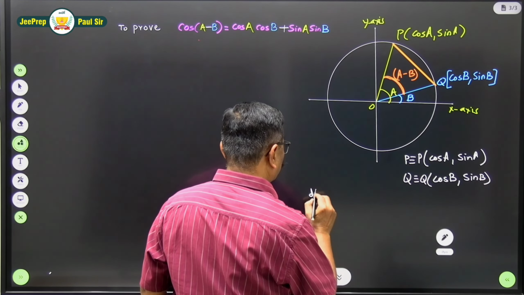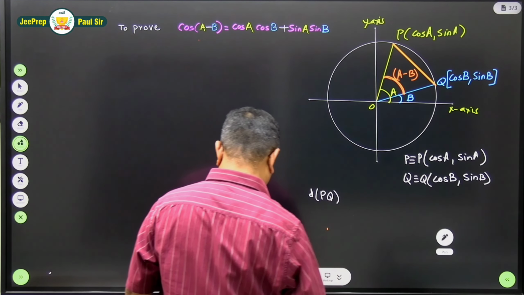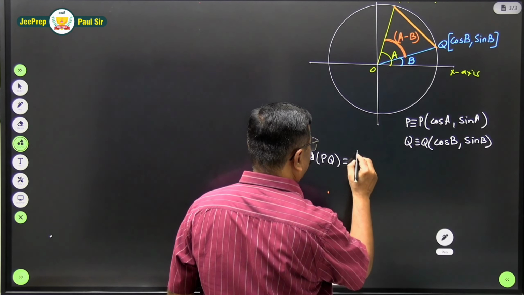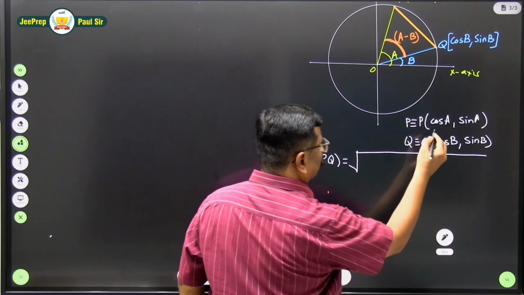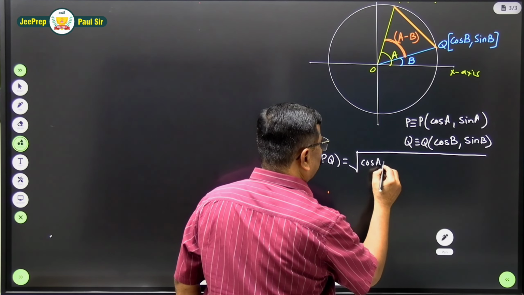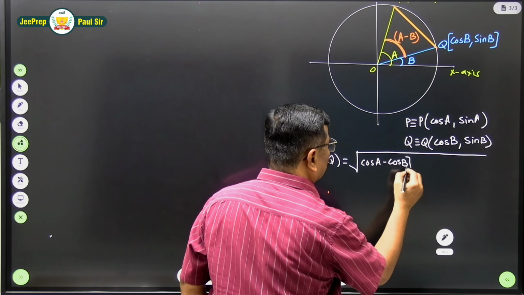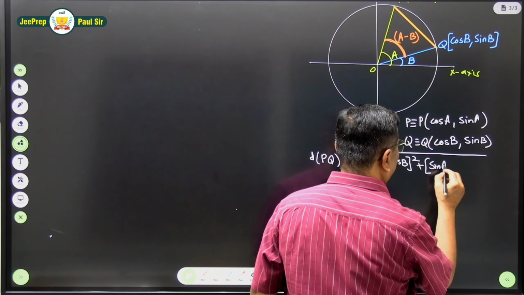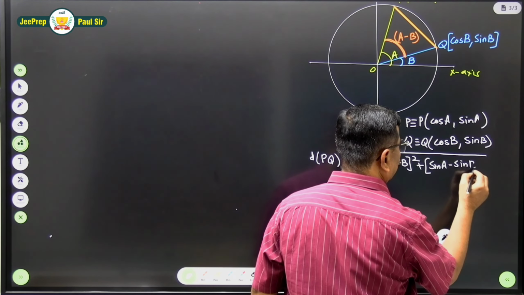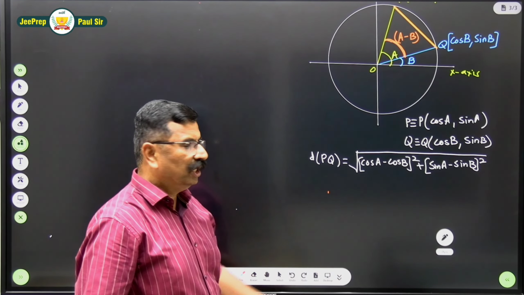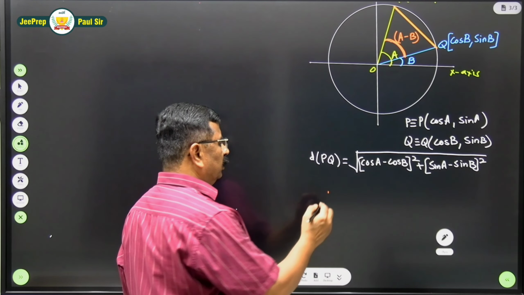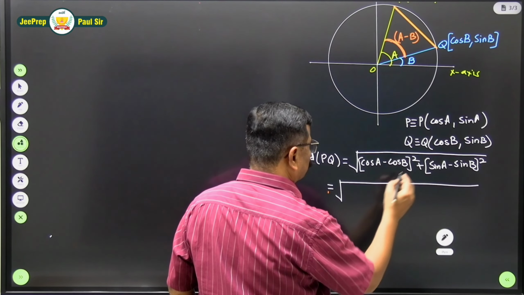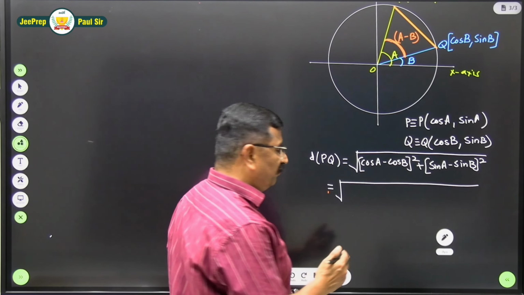Therefore, distance PQ is equal to under root cos A minus cos B the whole square plus sin A minus sin B the whole square. Now open these brackets and simplify. Use the A minus B whole square formula.